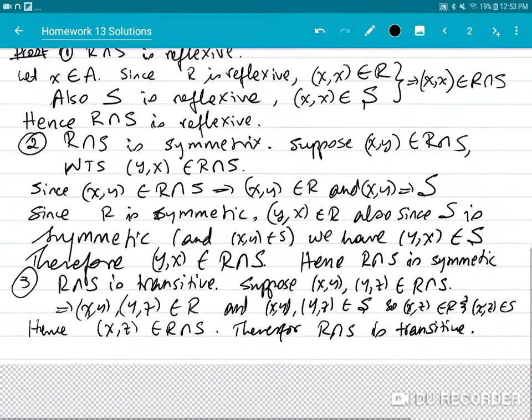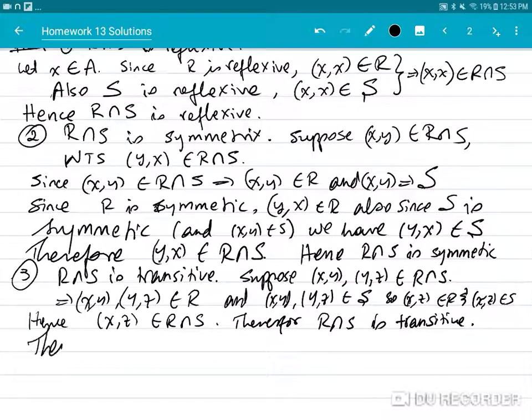Therefore, from 1, 2, and 3, R intersection S is an equivalence relation.